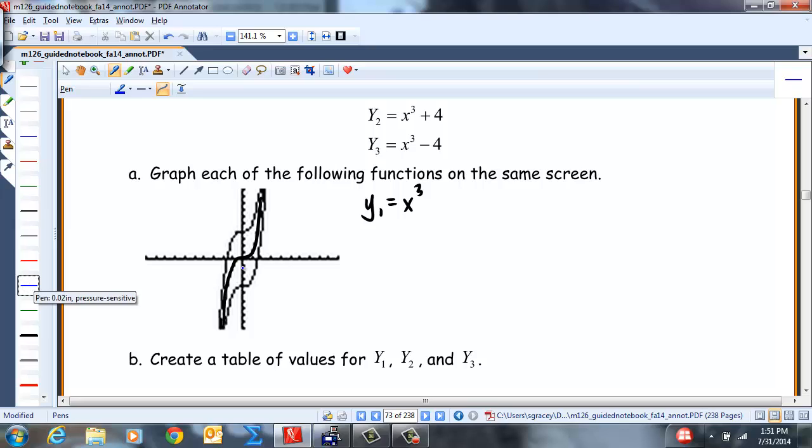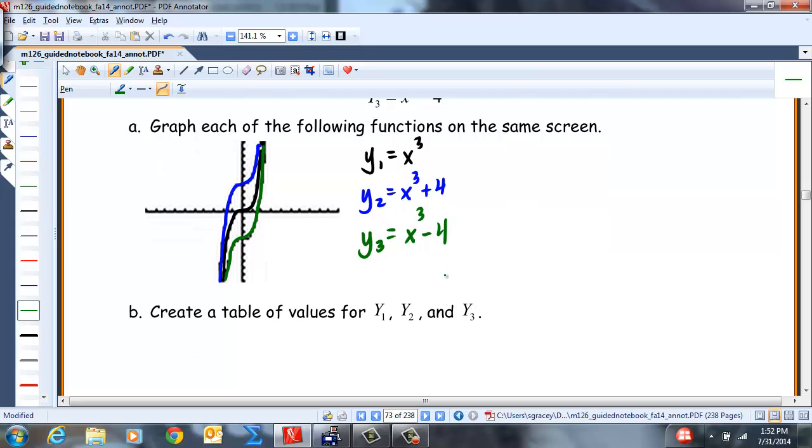And then our y2 graph looks something like this. Oh, I don't like that one. Hold on one second. Trace that one better. So y2 is x cubed plus 4. And then in green, we'll do this one here. And so we have these 3 graphs.